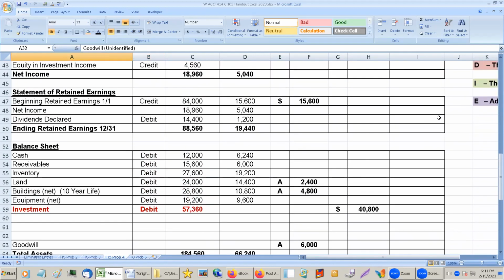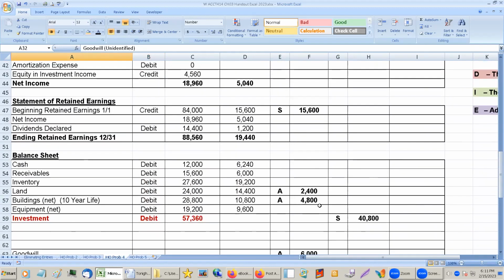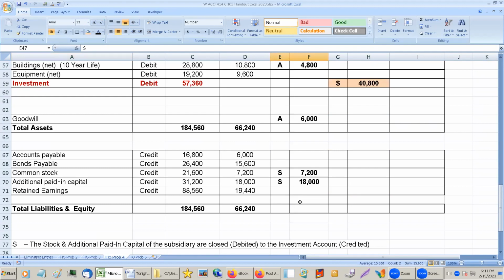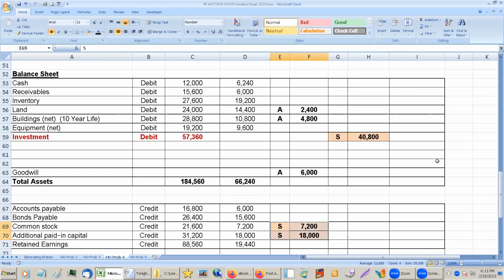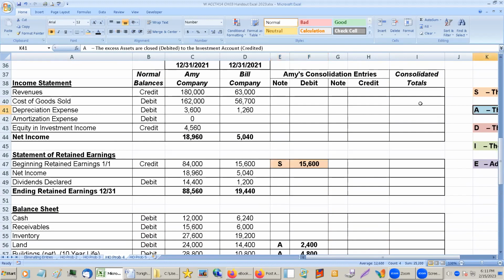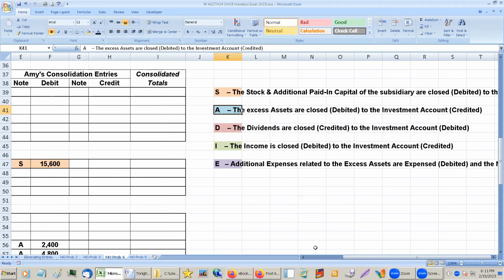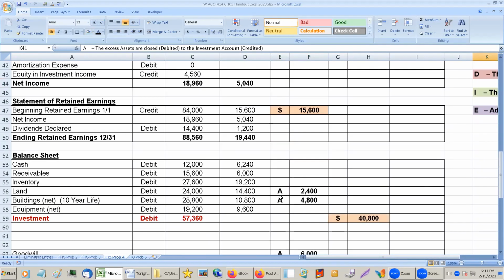Okay, so let's take a look here. I haven't been doing my color coordinating like I should be. It's the most important thing. Okay, so here's the assets.